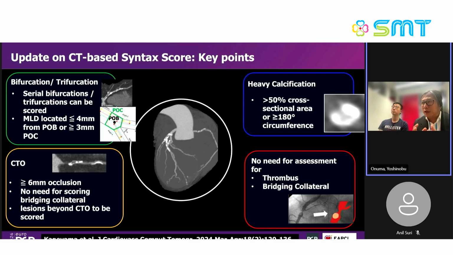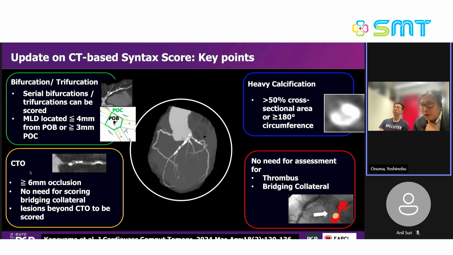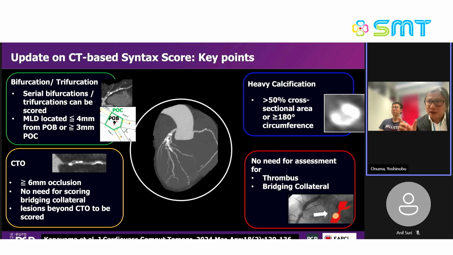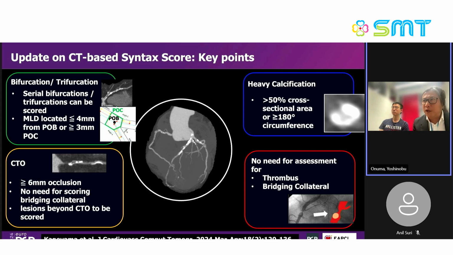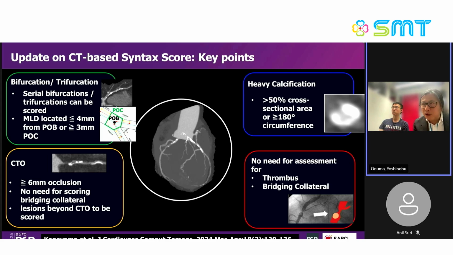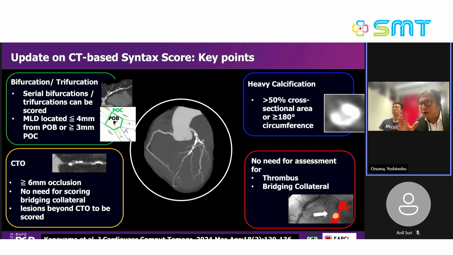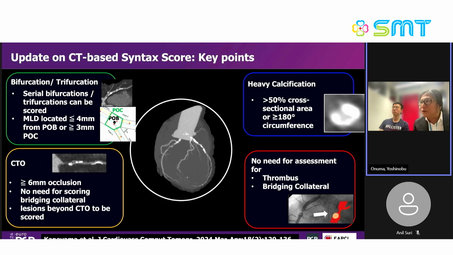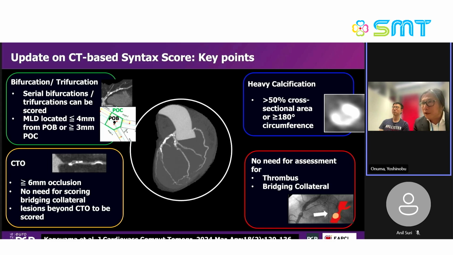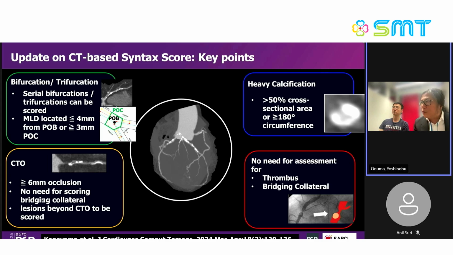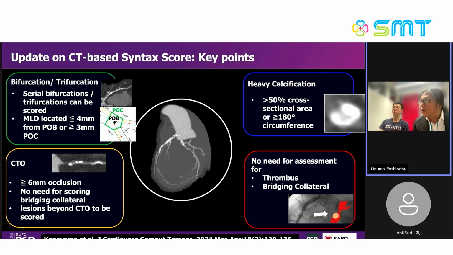We introduced a different definition of chronic total occlusion. In CT, if the occlusion is equal to or greater than 6 millimeters, then most likely it's a chronic total occlusion, because sometimes in CT the distinction between subtotal and total occlusion was a little difficult to judge. Now we have data that we can use the length of the occlusion to predict whether it is totally occluded or not.